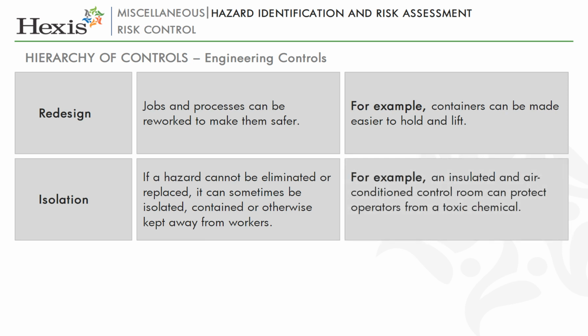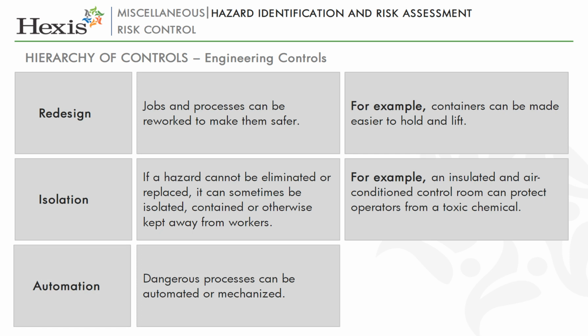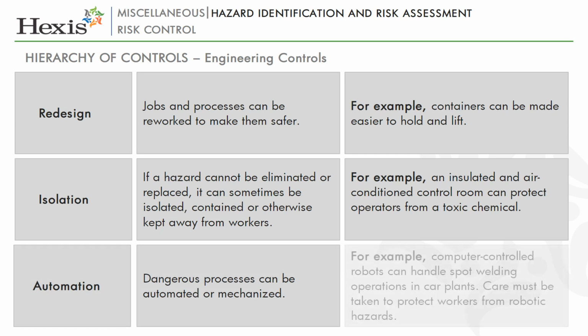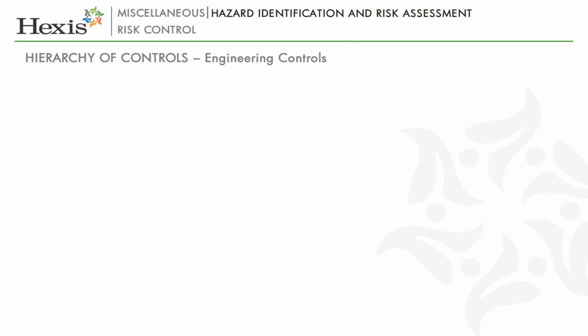For example, an insulated and air-conditioned control room can protect operators from a toxic chemical. Automation. Dangerous processes can be automated or mechanized. For example, computer-controlled robots can handle spot welding operations in car plants. Care must be taken to protect workers from robotic hazards.